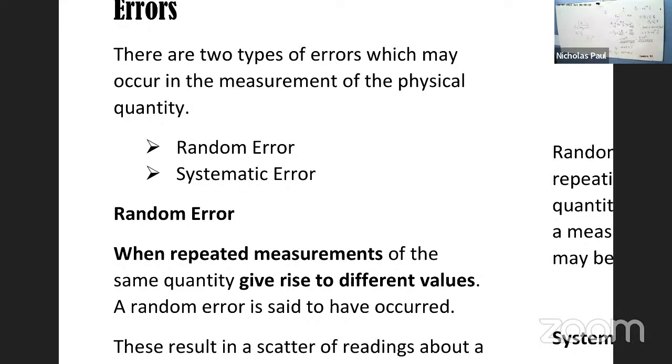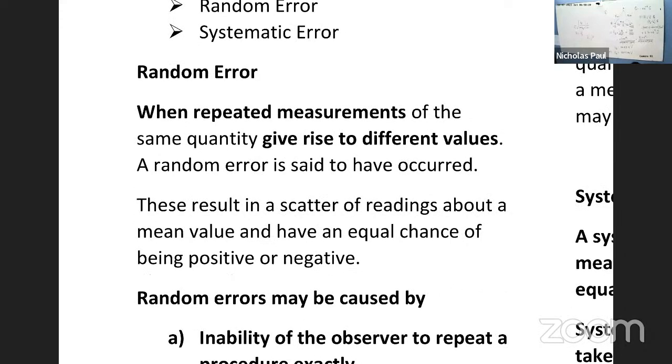Right. Random errors: when repeated measurements of the same quantity give rise to different values, a random error occurs. So what would be a small random error? In terms of definition, you may all have done this, right?